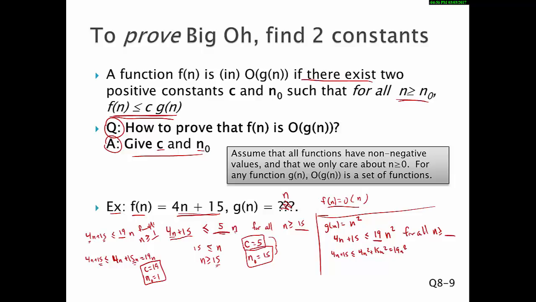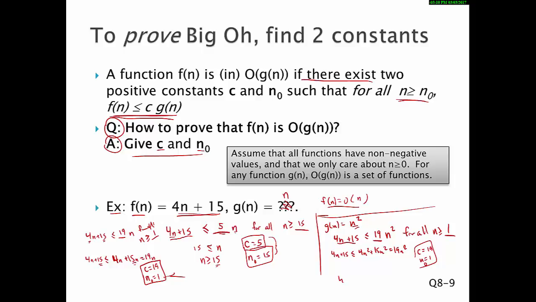When is that true? Well, certainly when n is at least 1. So c equals 19, n not equals 1, basically the same solution that we had for the other case over here. So 4n plus 15 is big O of n squared.